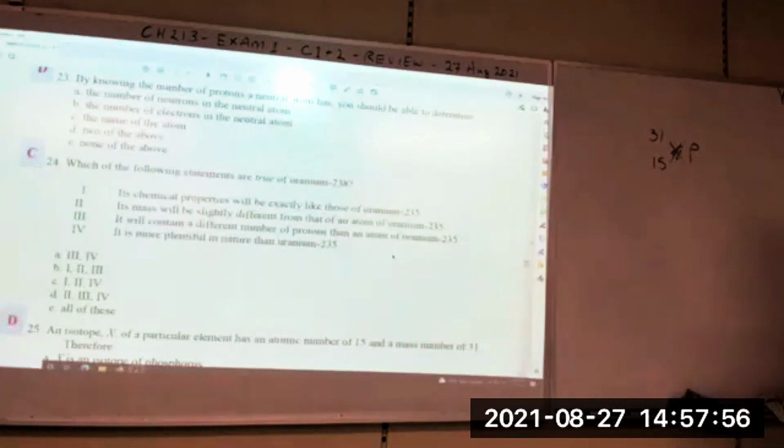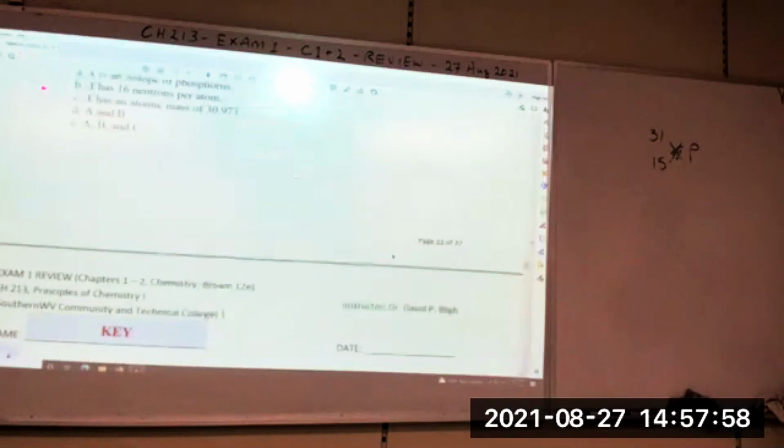So we can't say that about this one. We're only looking at one isotope, so that's not right. Did we do that yet? Calculate the weighted average of, where's that coming in chapter 3?